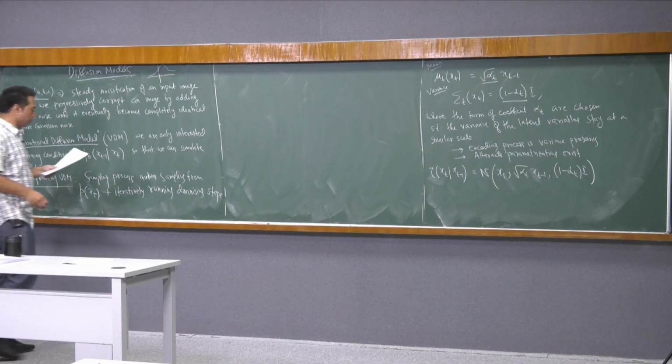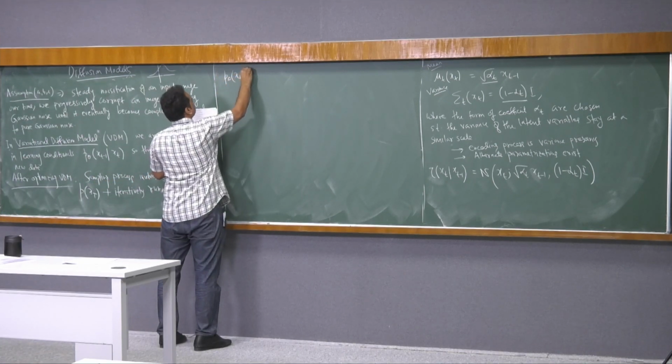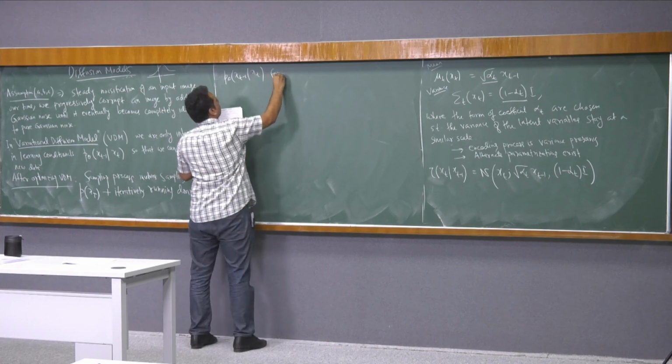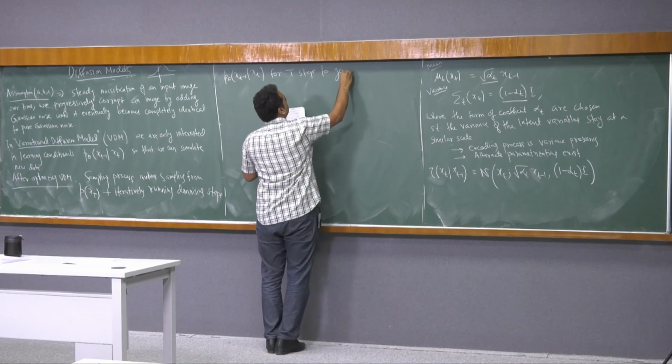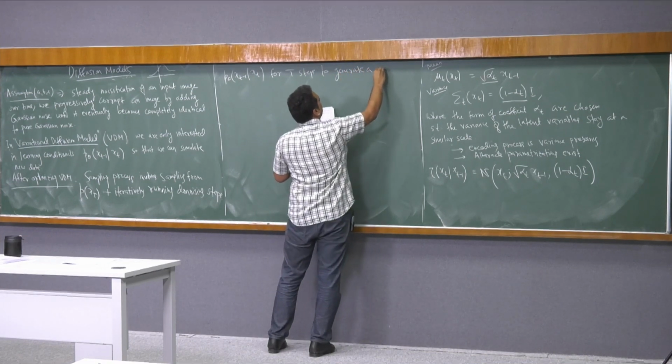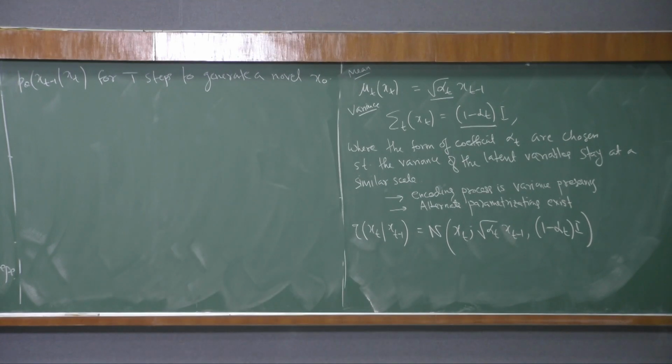So basically we run this p theta xt minus 1 given xt for t steps to generate a novel x naught. So we can now derive an ELBO for VDM. Okay, so basically the steps will be similar to the hierarchical VAE.